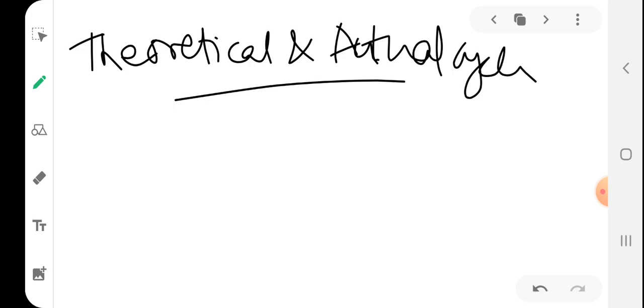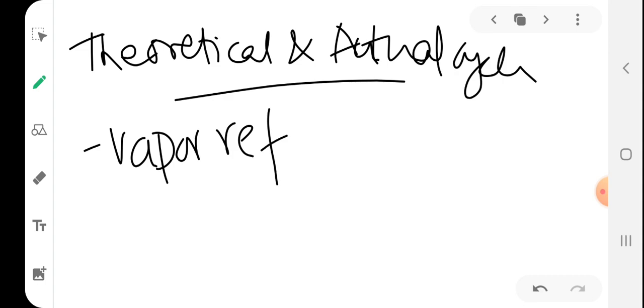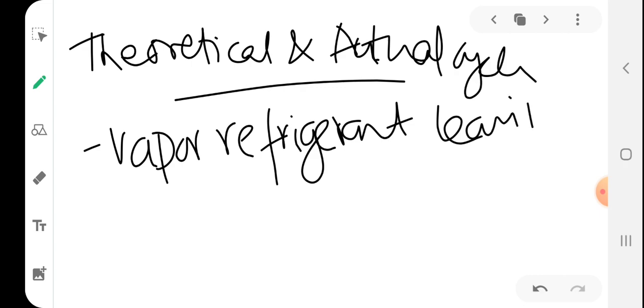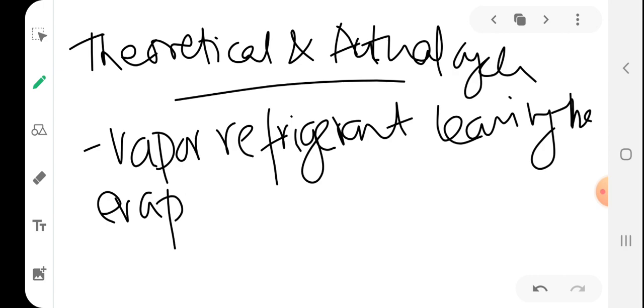The main difference is, first, that the vapor refrigerant leaving the evaporator is in a superheated state. Actually, in the actual cycle, the vapor refrigerant leaving the evaporator is in superheated state.